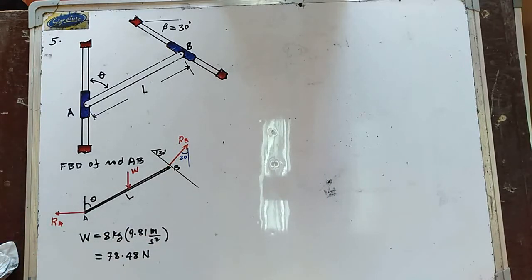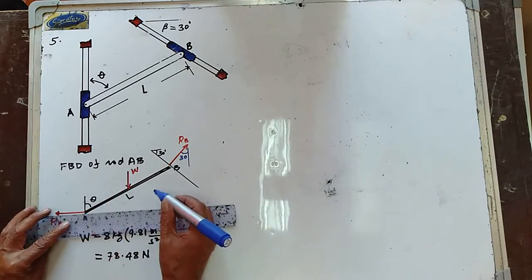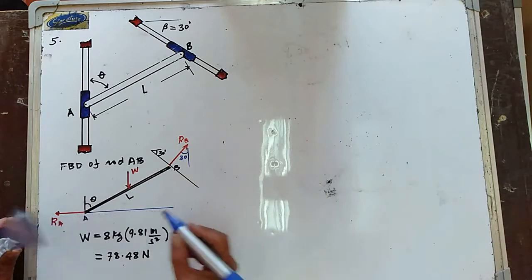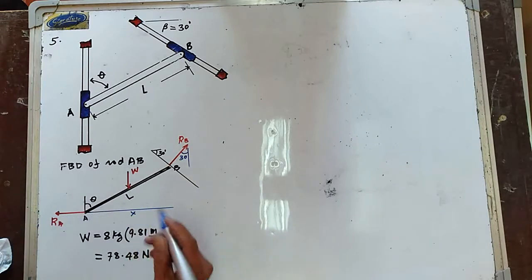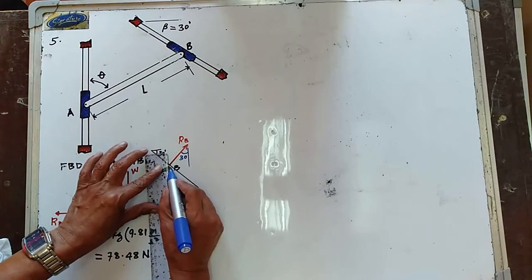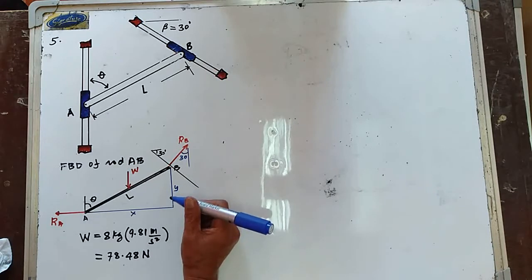So let's try to determine the distances in here. I'll consider this one as x, and this one in here as y.